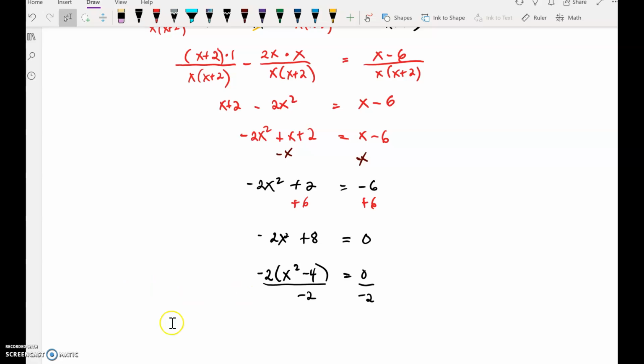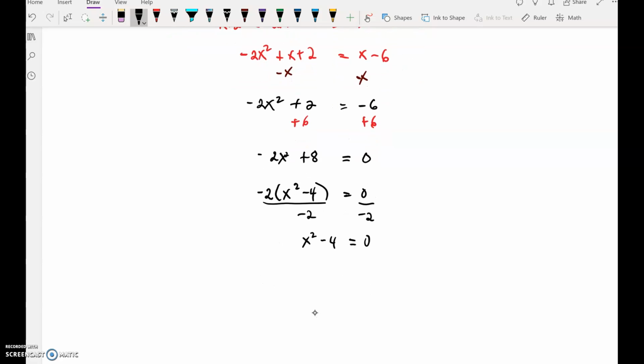And why am I doing this? Because I'm trying to solve for the value of x in a quadratic equation. So now x squared minus 4 equals 0. And at this point, I could just do the factoring. My factors are x plus 2, x minus 2 equals 0.